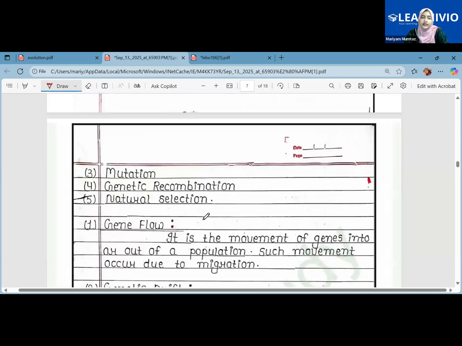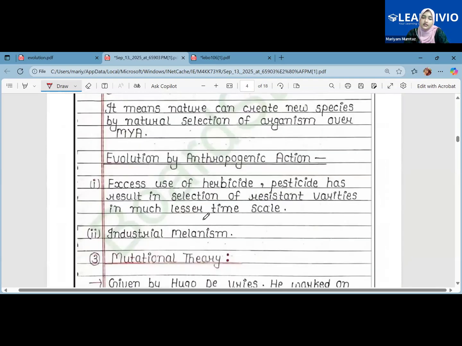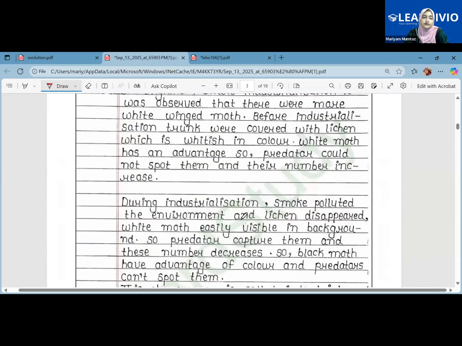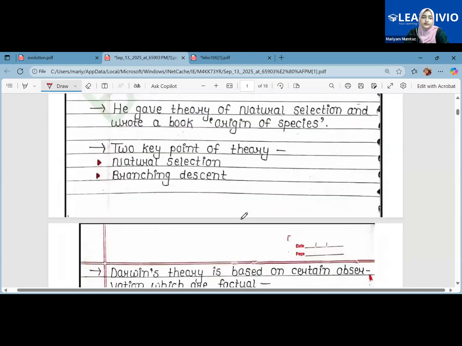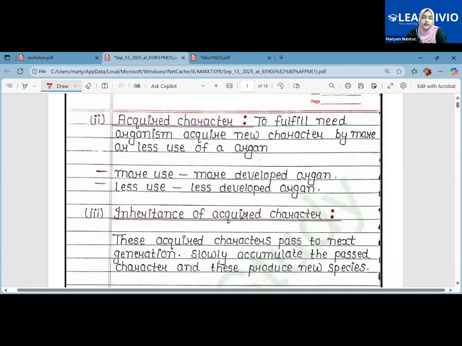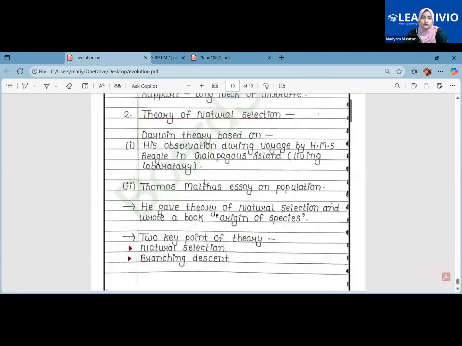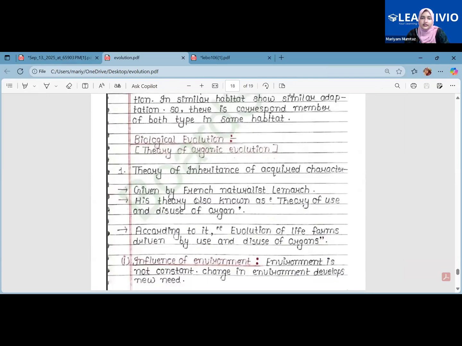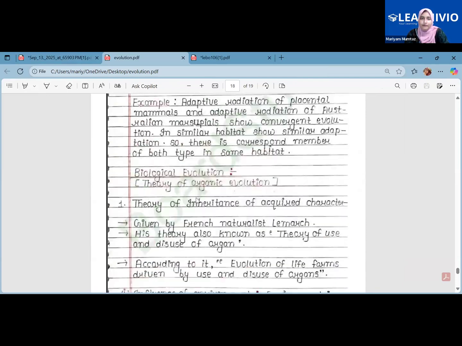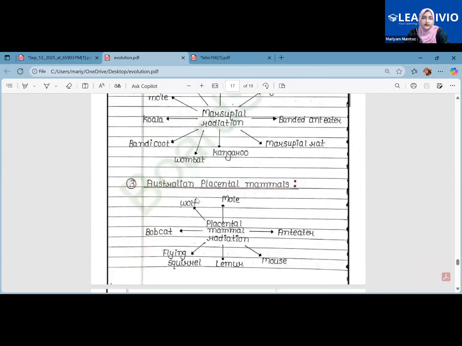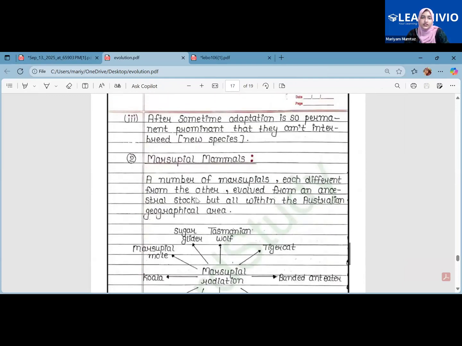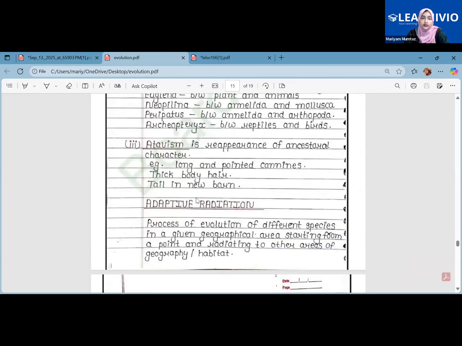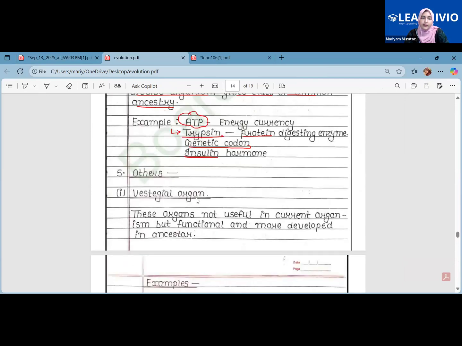Okay, now you people note down till here. What is the last thing you wrote in the previous class? Adaptive radiation, was it done or not? Theory of evolution.